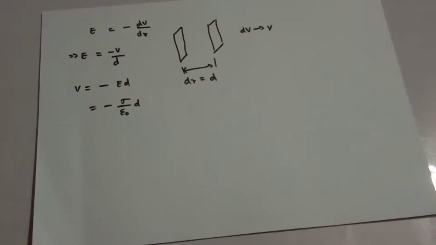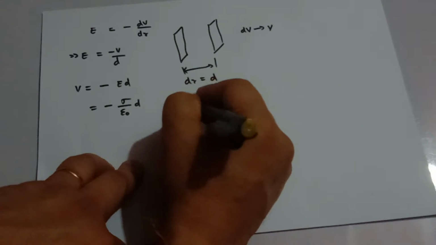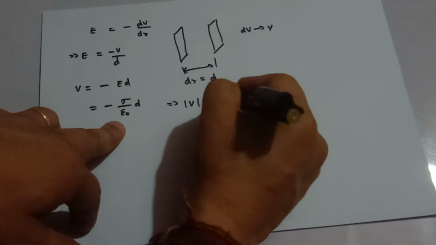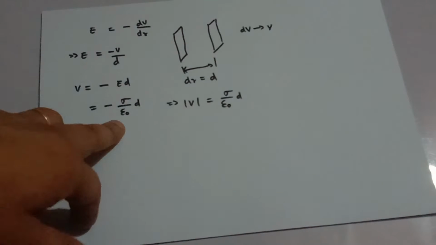Since I am interested only in the magnitude of the potential, the negative sign goes and we get sigma upon epsilon naught times d.